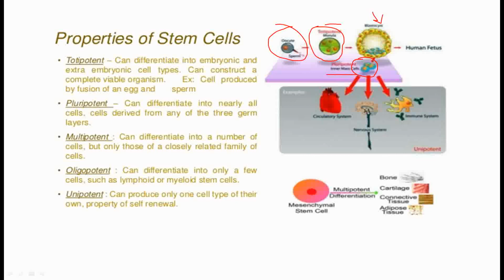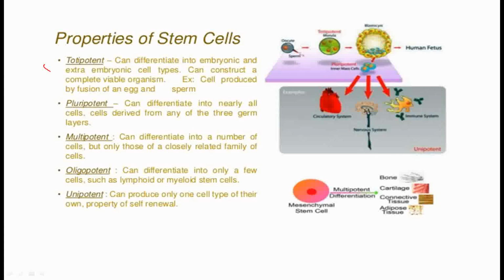This inner cell mass forms various types of systems. These systems form multipotent stem cell, and after comes unipotent stem cell. If we take the example of mesenchymal stem cell, then this is multipotent. After differentiation, this will form bone, cartilage, connective tissues and adipose tissues, as it is mesenchymal stem cell.